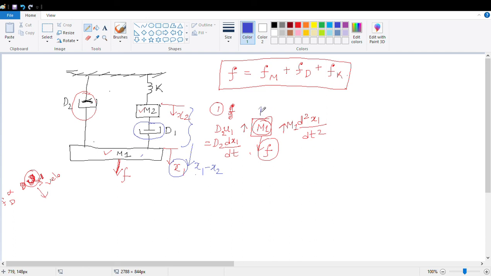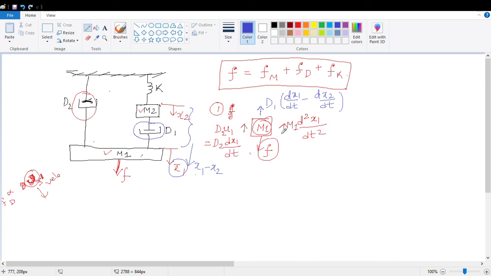Another force acting in the opposite direction of F will be D1 times d(x1) by dt minus d(x2) by dt. So these are the forces acting against F.